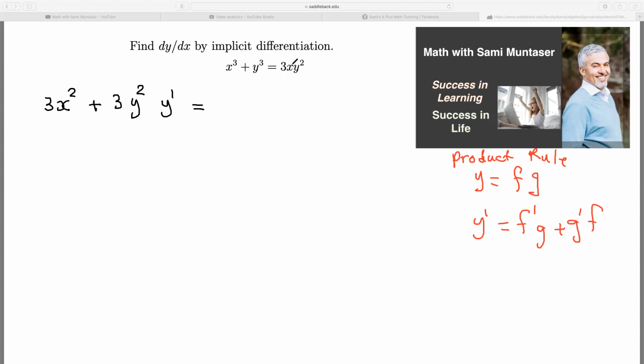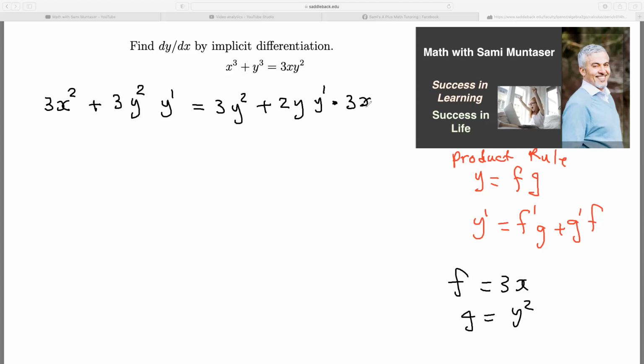Now the derivative of 3x is 3 times y squared, because we're going to assume that f is 3x and g is y squared in this situation here with the product rule. So 3 times y squared, the derivative of f times g, plus the derivative of g, which is 2y, and you have to say dy/dx or y prime if you wish, times f, which is 3x.